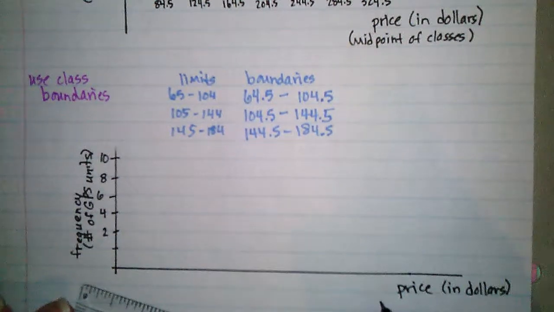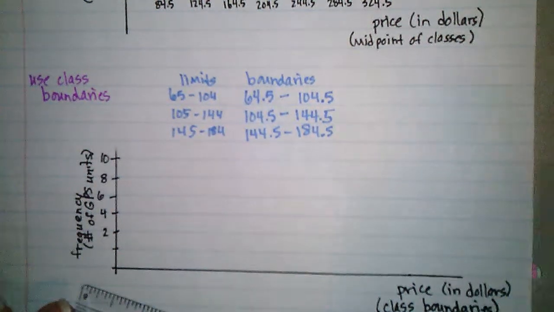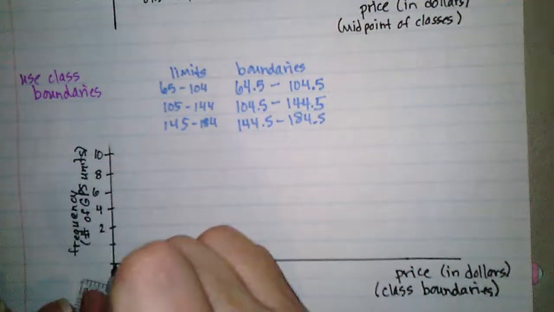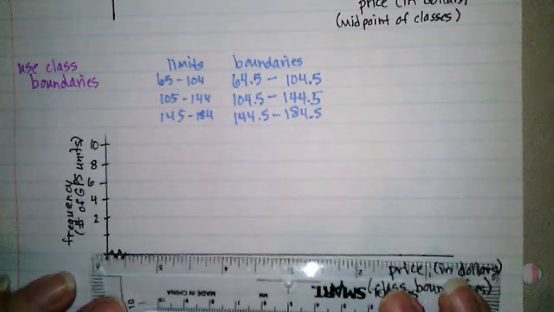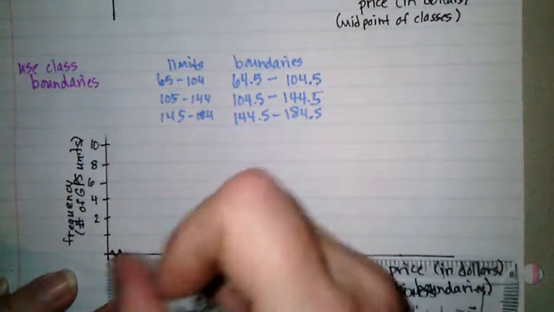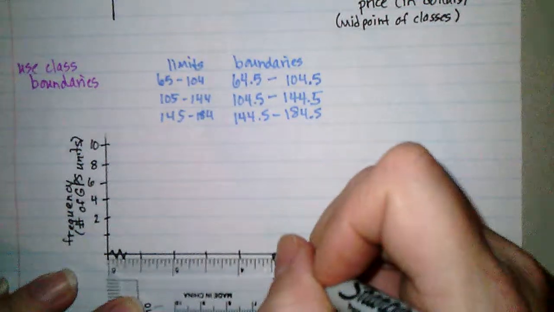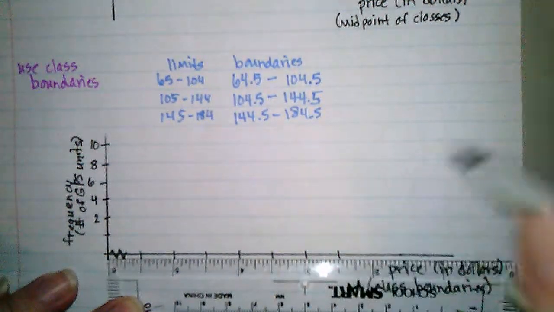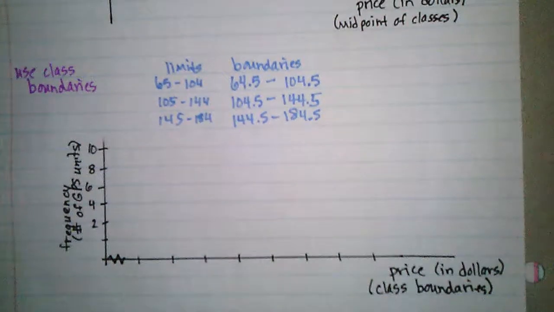And if you want to label that you're using class boundaries, you can do that so people know. And again, we need that broken axis to show that we didn't start at 0. And we'll evenly distribute our boundaries. And then we're going to label those class boundaries.